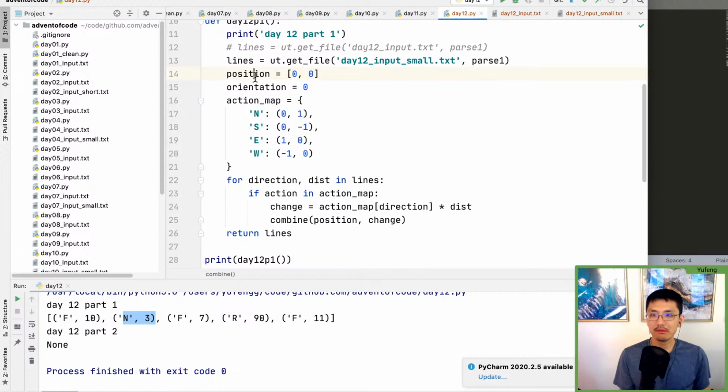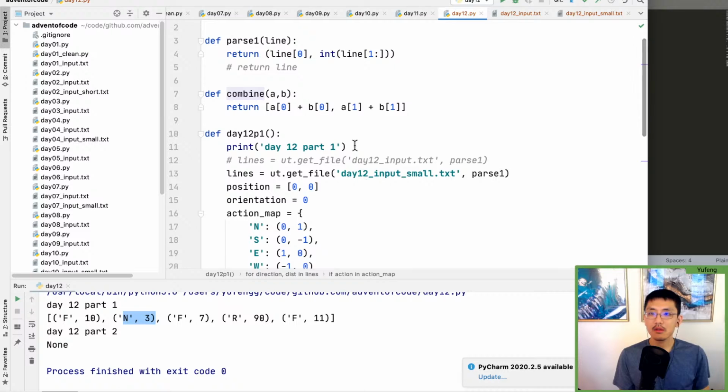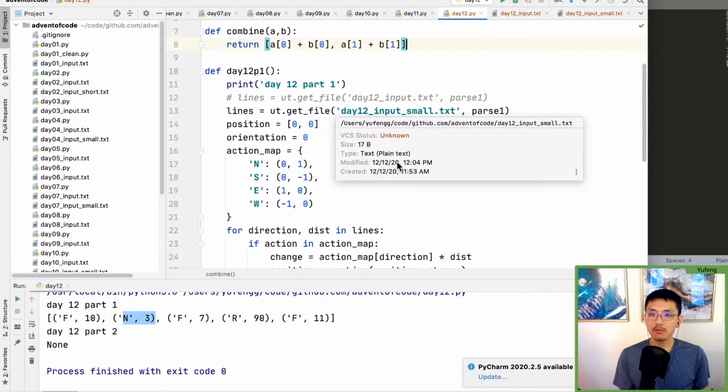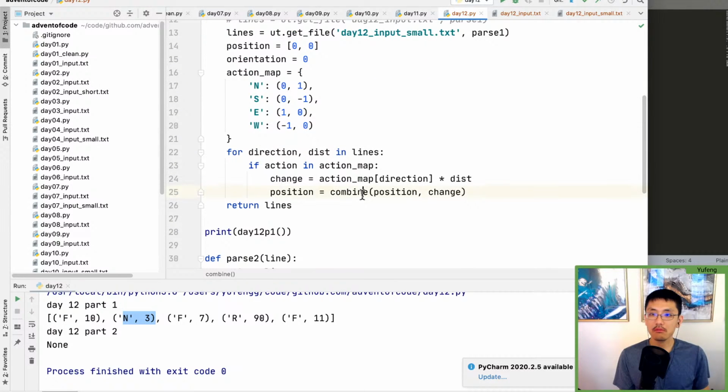Okay, so we'll do that. And position, combine the position, return position. I just want to test this out. Oh, not return position. No, position, okay.